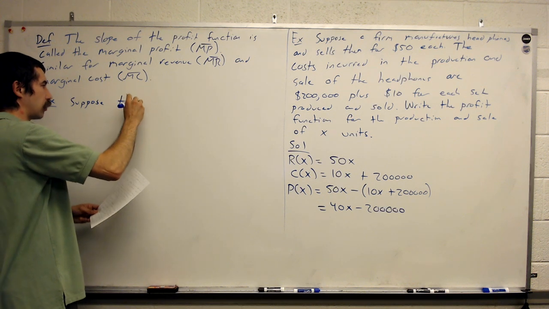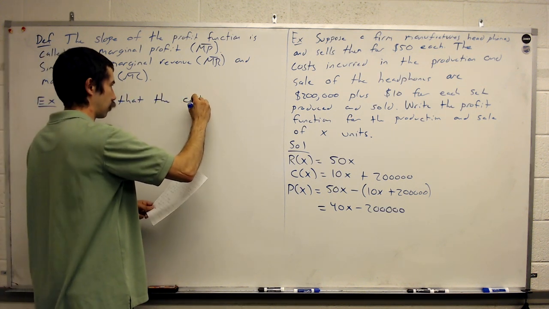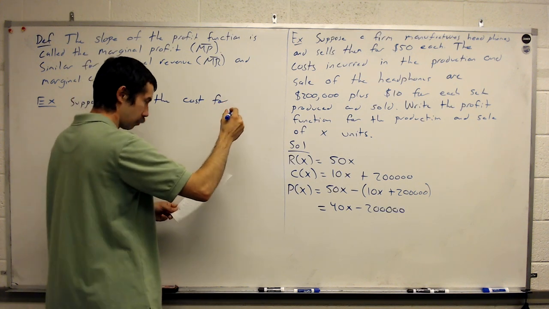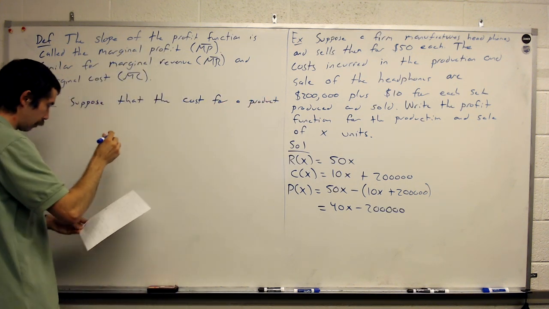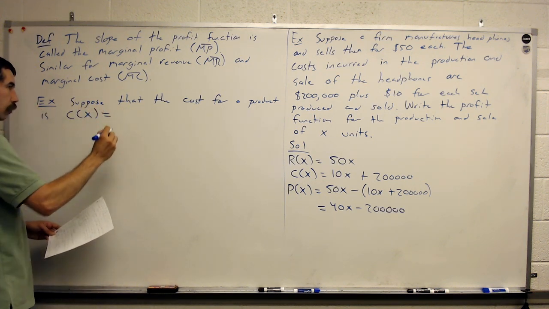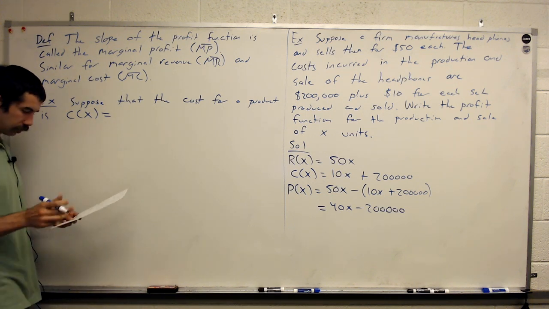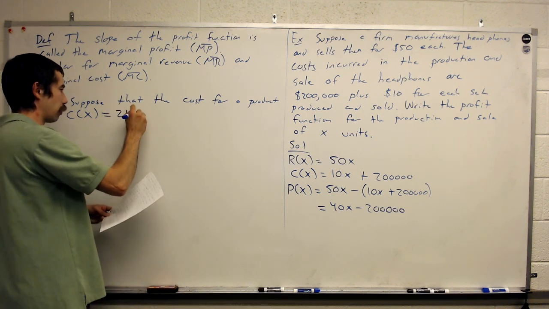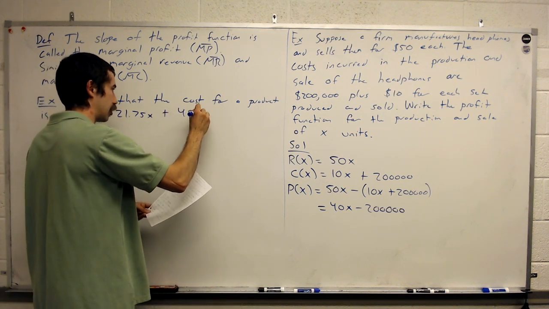Suppose that our cost function is C of x equals 21.75x plus 4,890.